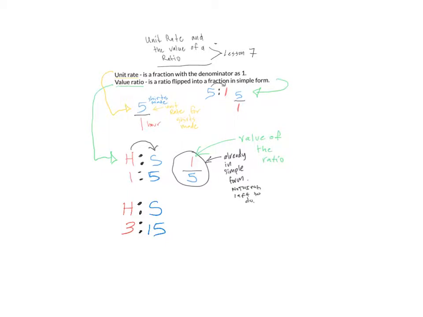We're keeping the same ratio. So then, how do we find the value of the ratio for this new one? Well, we're going to do the same thing. We're going to flip it on its side. And so we're going to have 3 over 15.